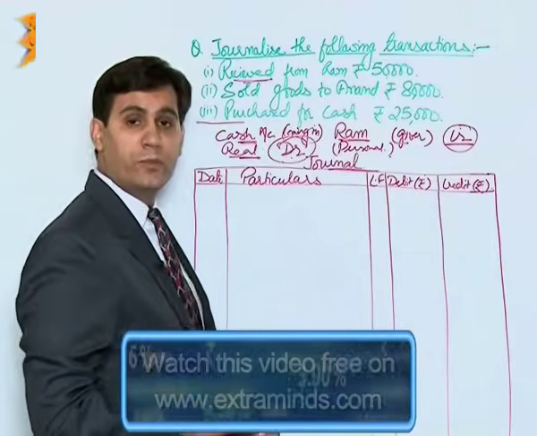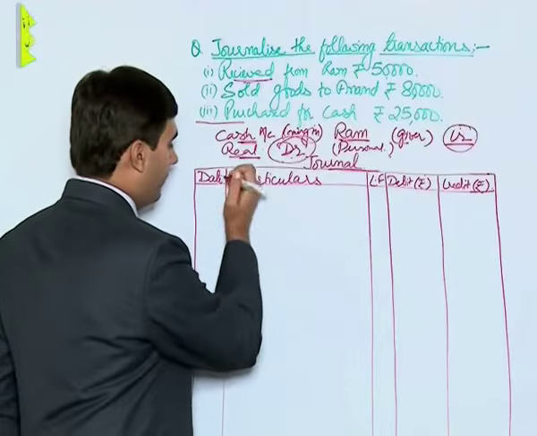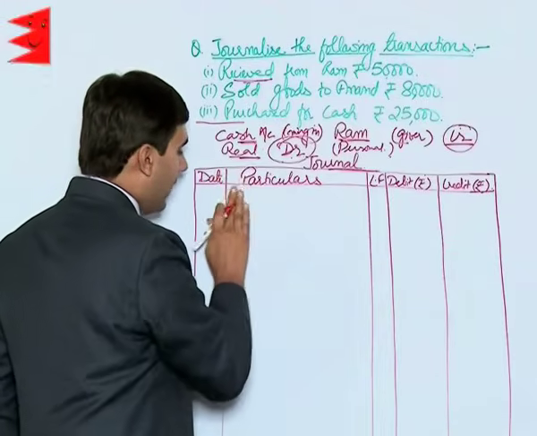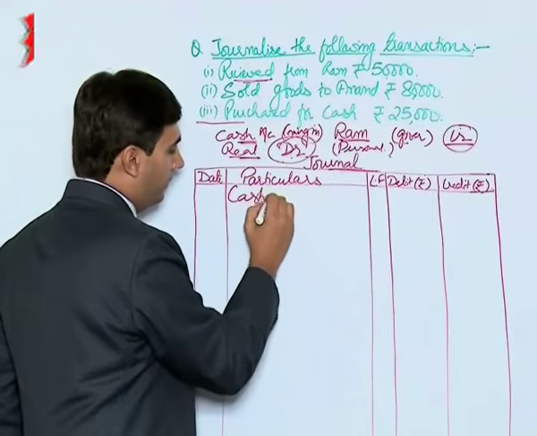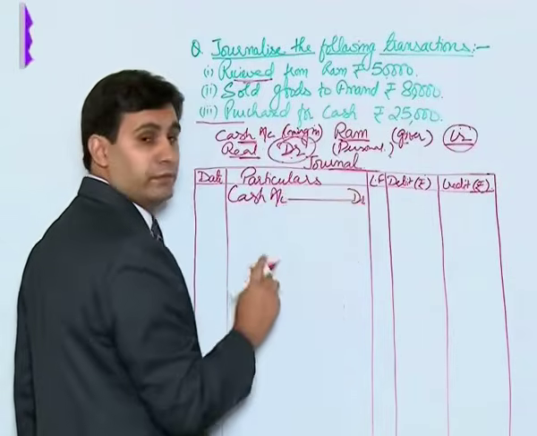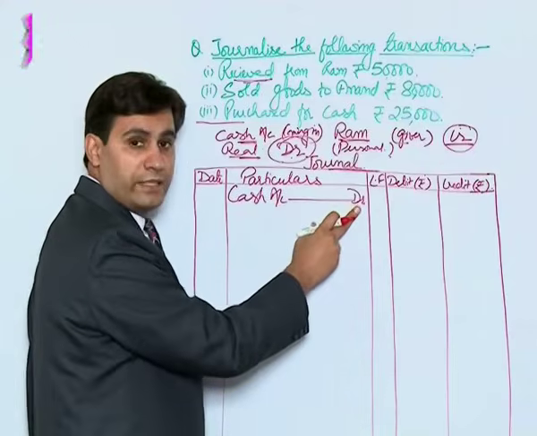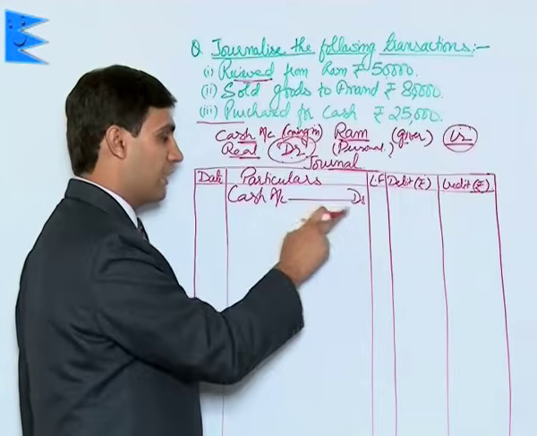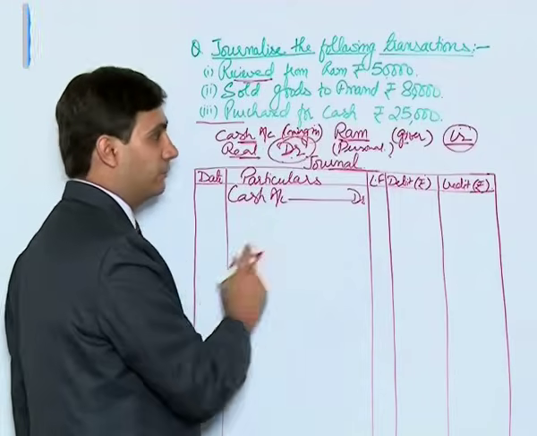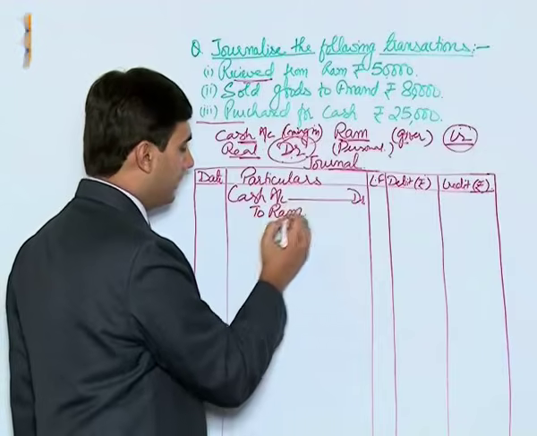So how this entry would be shown? It would be shown as cash account debited to Ram. The account which is debited is written on the top, and in front of that write DR. DR shows that this account has been debited to the credit account.